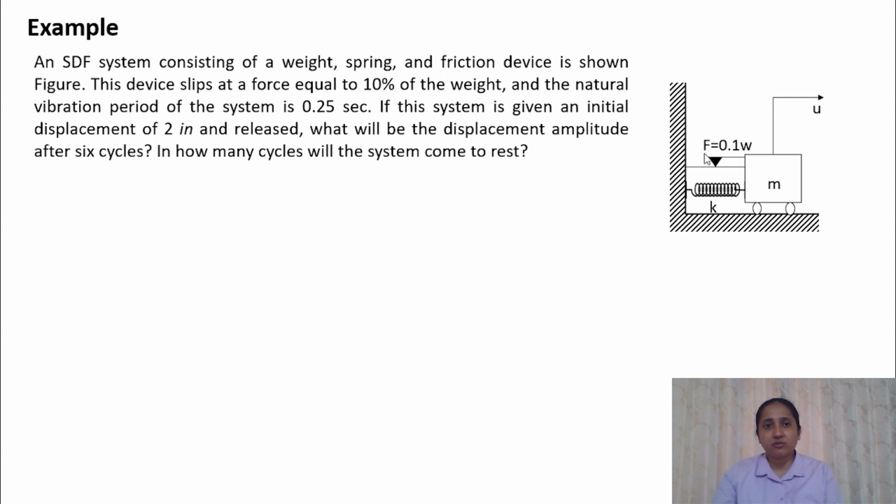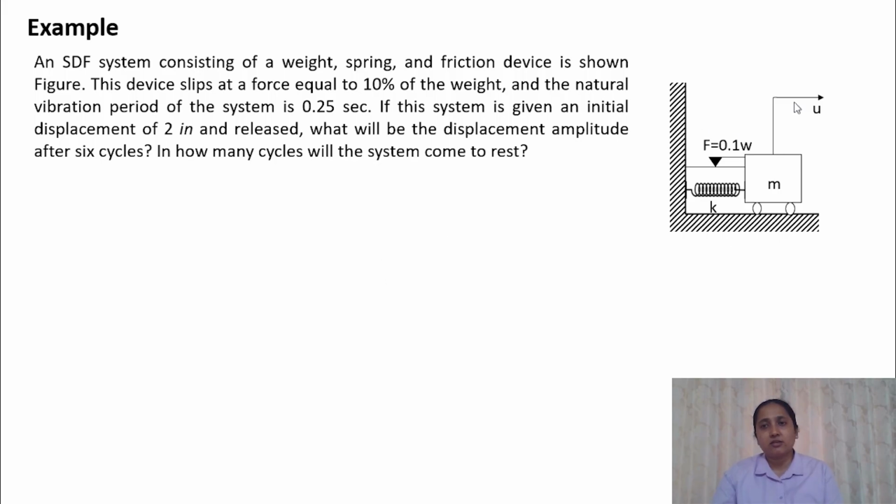The friction force is given as 10% of the weight, so it is equal to 0.1 multiplied by the weight of this mass. The natural vibration period of the system is 0.25 seconds. If the system is given an initial displacement of 2 inches and released, what will be the displacement amplitude after 6 cycles? And in how many cycles will the system come to rest?